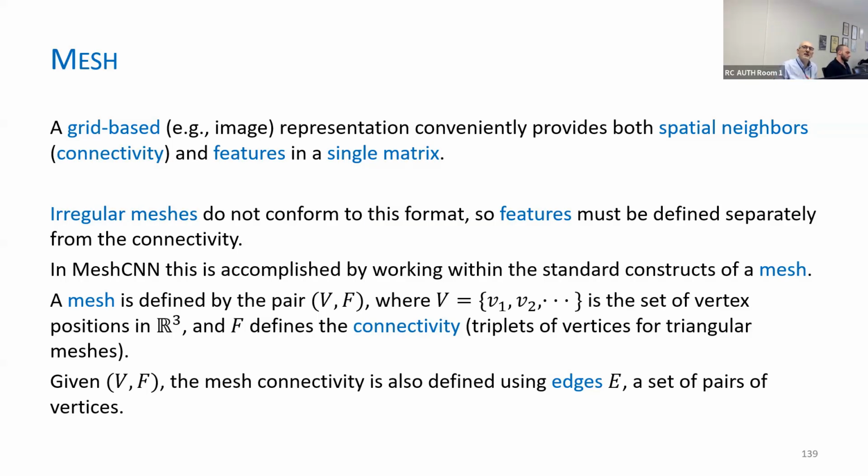So F are the faces, the triplets of vertices that define a triangle. So we define it not as a graph, but as a set of vertices and a set of faces. And also there is this set of edges that is the connection, of course, between the vertices.